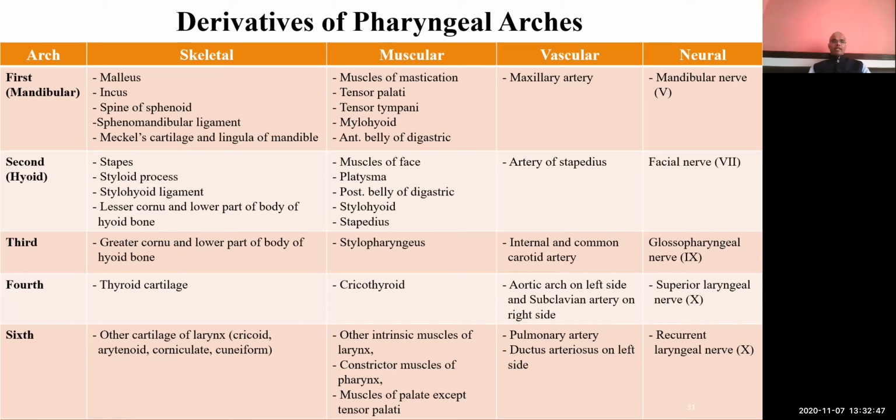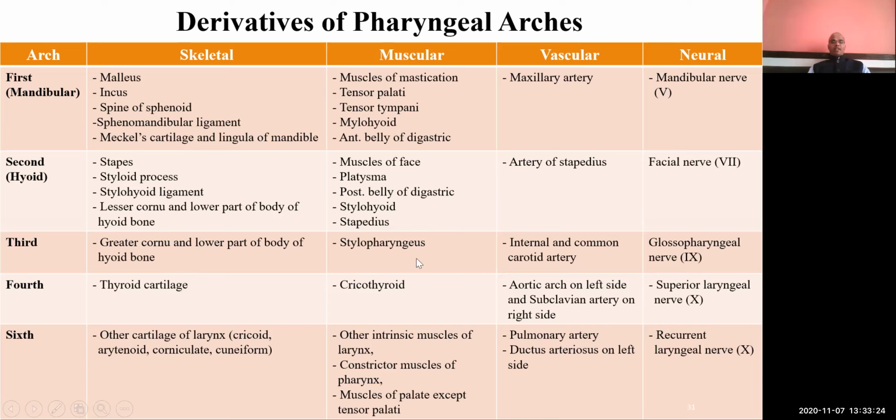The second arch is called the hyoid arch. It gives the skeletal components: stapes, styloid process, stylohyoid ligament, lesser cornu, and upper part of the body of the hyoid. Muscles: muscles of facial expression, platysma, posterior belly of the digastric, stylohyoid, and stapedius muscles. The vascular component is the stapedial artery, and the nerve is the seventh cranial nerve. The third pharyngeal arch gives the greater cornu and lower part of the body of the hyoid bone.